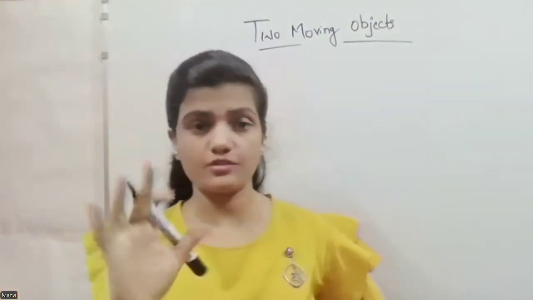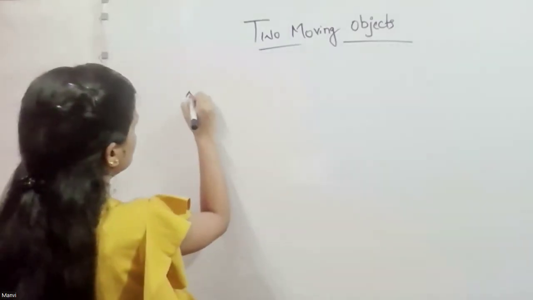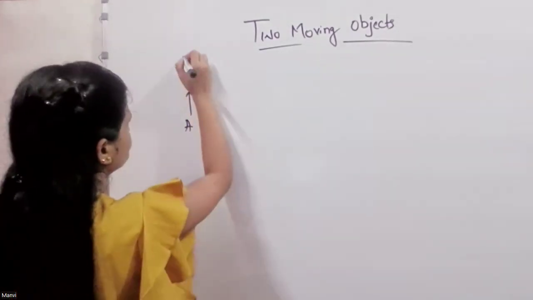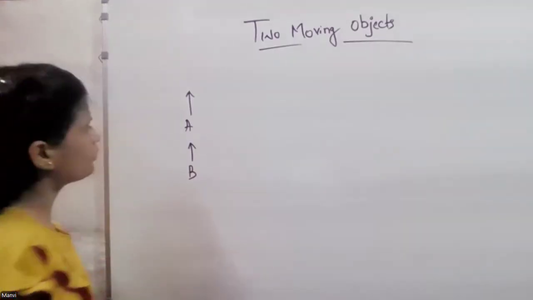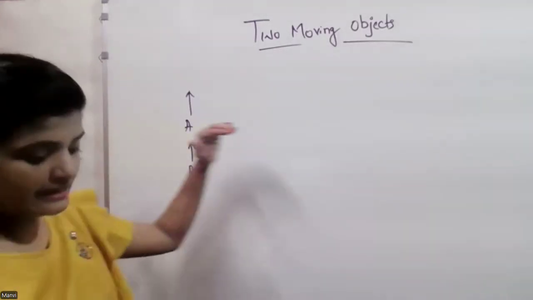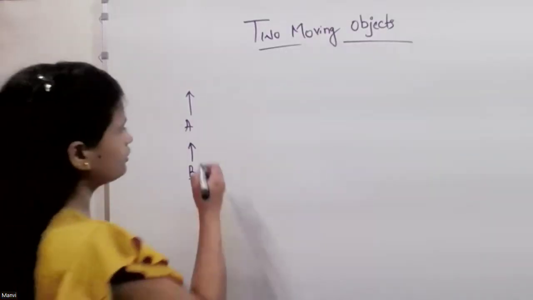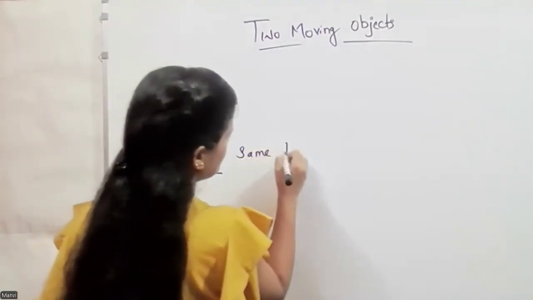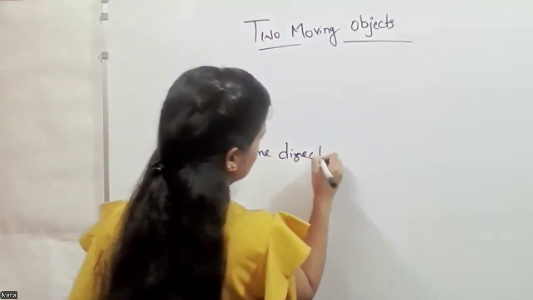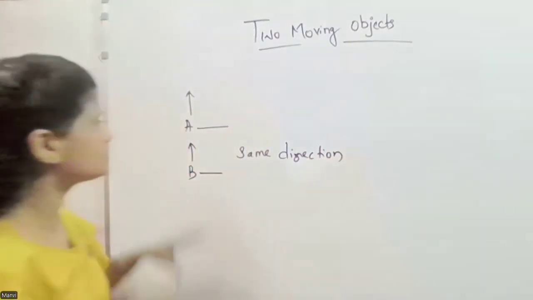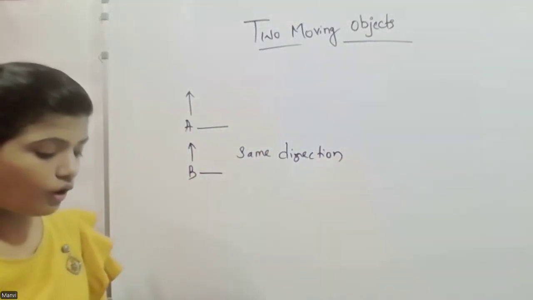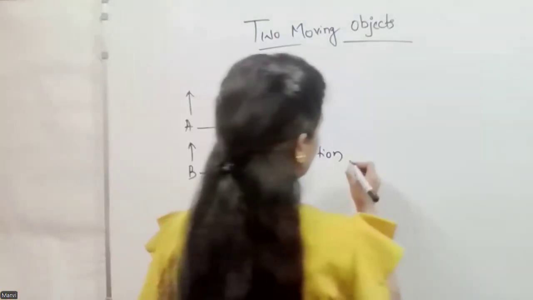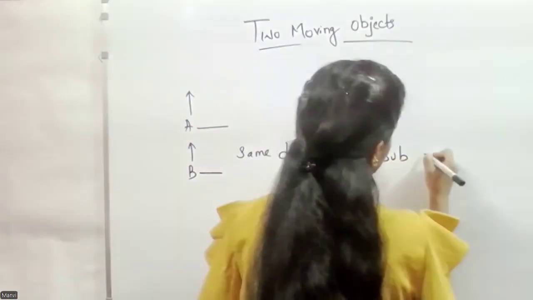Whenever we have two objects, for example, this is child A and that is child B, when they both travel in the same direction, then always subtract the speed. We need to subtract the speed.